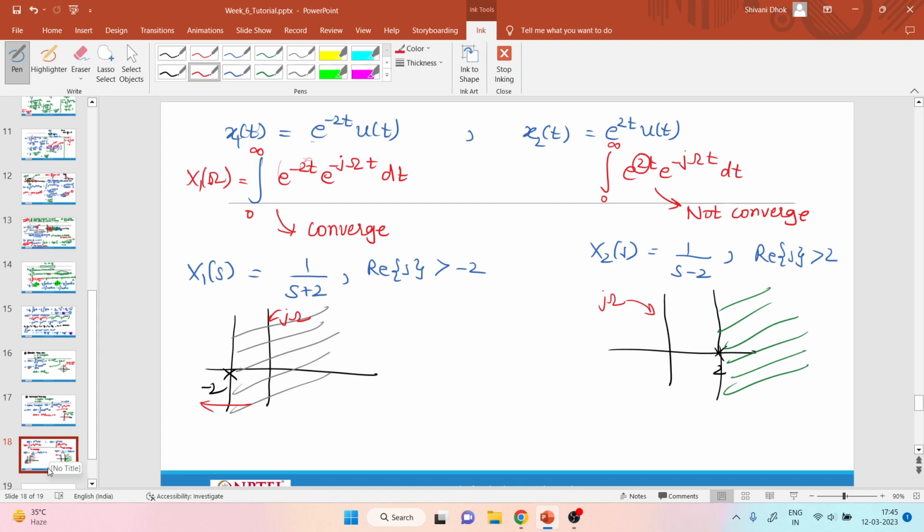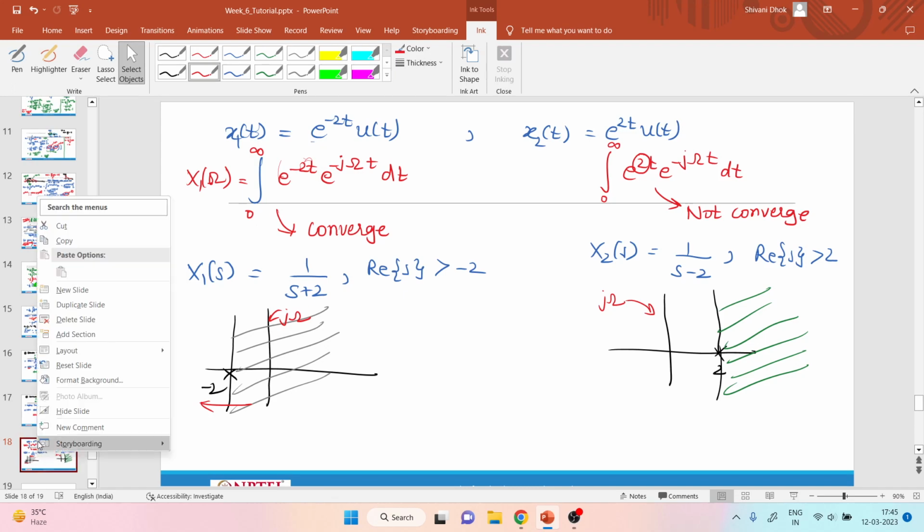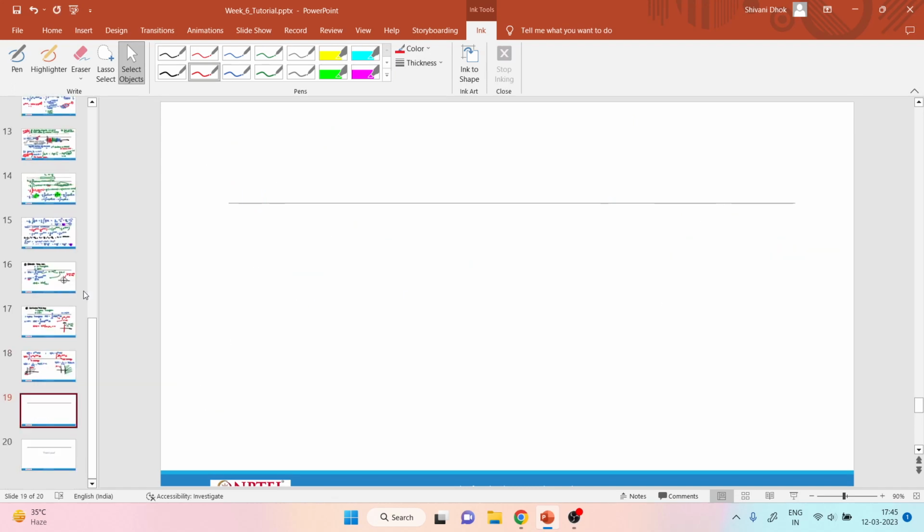I think that will be better to discuss once I discuss DTFT in detail. Once I discuss DTFT, when we sample the DTFT in the frequency domain, we get the DFT. I'll just give you a brief idea about it, but if it is covered in detail, then I'll discuss it in detail for sure.